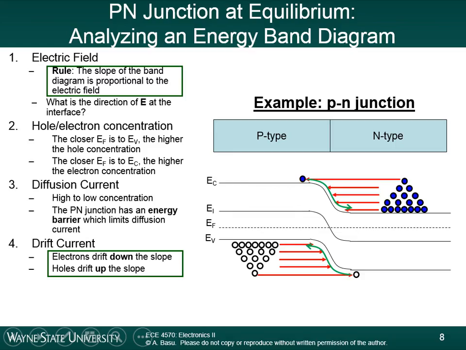So what this diagram is expressing is that you have some diffusion current: diffusion of electrons this way, diffusion of holes this way. Some of these carriers run into the potential barrier. That potential barrier, that slope, is also driving some drift current. The electrons are drifting this way, holes are drifting the opposite way.